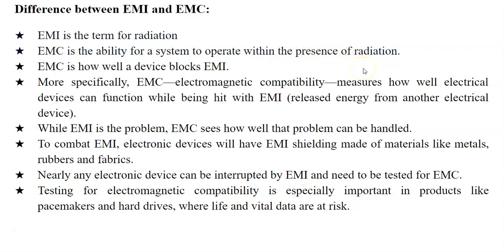How can we use any electronic device in the presence of radiation from other devices? That gives you the idea of electromagnetic compatibility, or EMC. EMC is how well a device blocks EMI. So this is the basic difference between EMI and EMC.